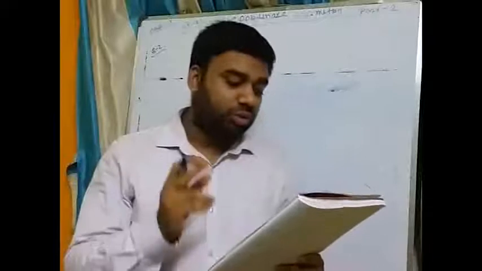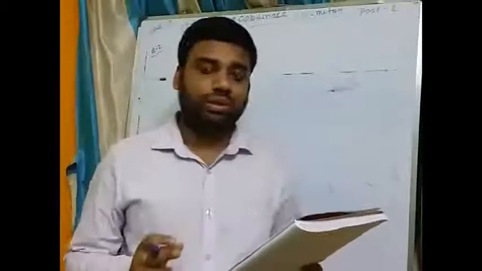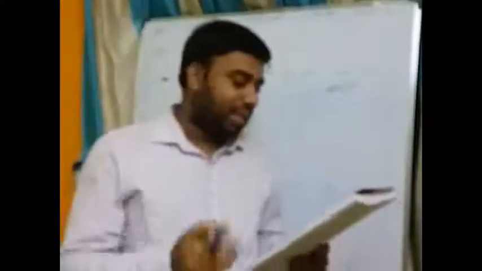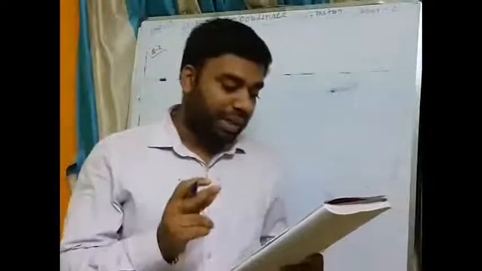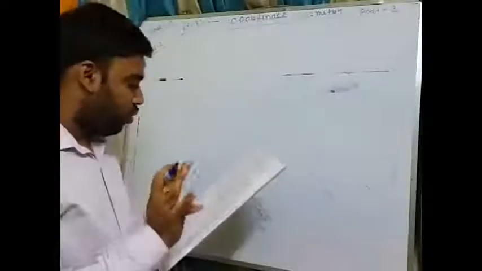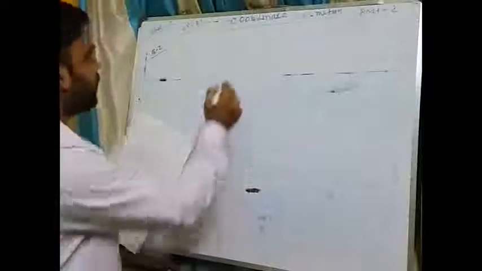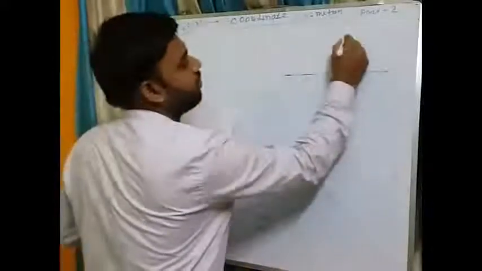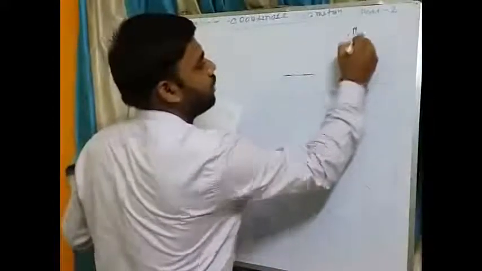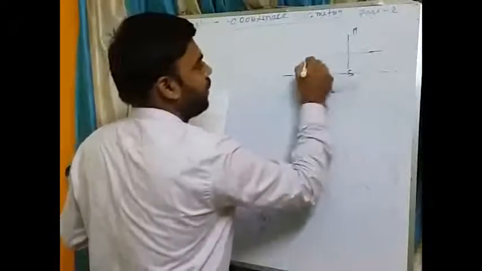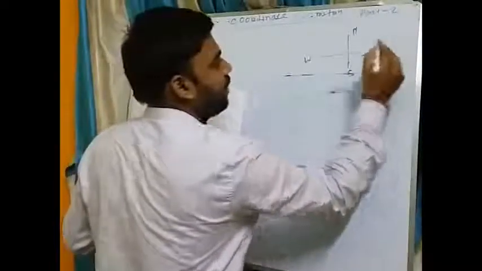A city has two main roads which cross each other at the center of the city. These two roads are along the north-south direction and the east-west direction. So we have north direction, south direction, west direction and east direction.